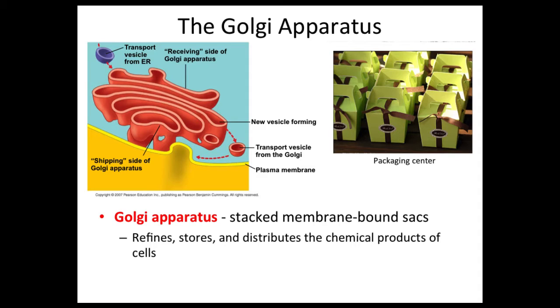We can think of the Golgi apparatus as being the packaging center. It packages up those products made from the factory and gets them ready to transport. How do we transport things around? In transport vesicles. Here we can see a transport vesicle that's pinching off of the membrane and carrying the products or the packages that were made by the factory.